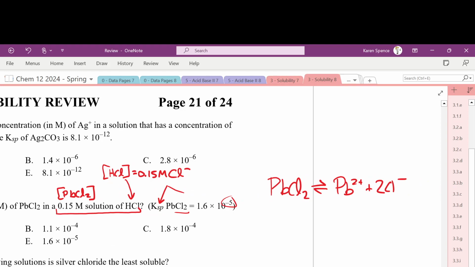And you could say, okay, initial concentration here is 0. Initial concentration here is 0.15. Some of this dissolves.